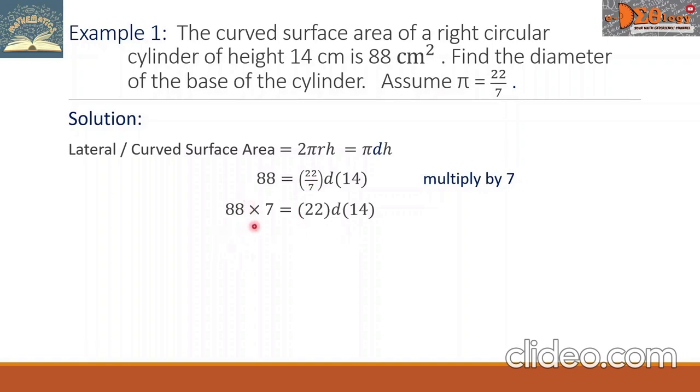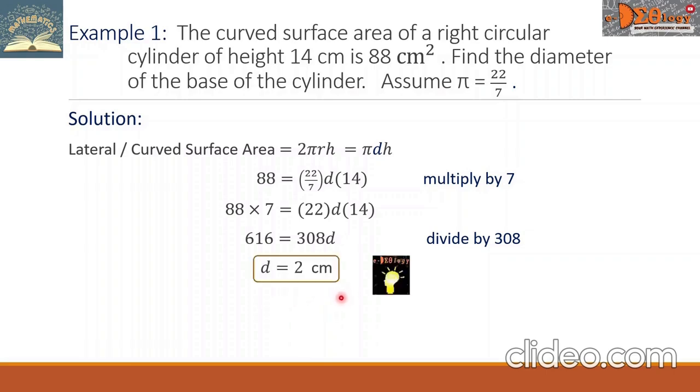So we have 88 times 7 equals 22d times 14. Simplifying the products, the left side becomes 616 equals 22 times 14 is 308. Then we copy the d. We solve for d. We divide this equation by 308. So d is equal to 2. And the unit of measurement, centimeters. This is the answer.